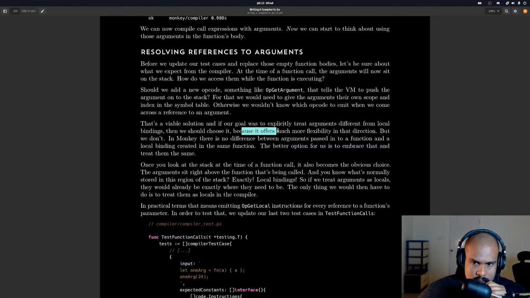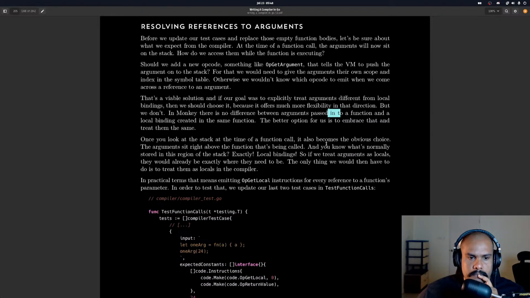It offers much more flexibility. In Monkey, there's no difference between arguments passed into a function and local bindings, exactly. Once you look at the stack at the time of a function call, it also becomes the obvious choice.